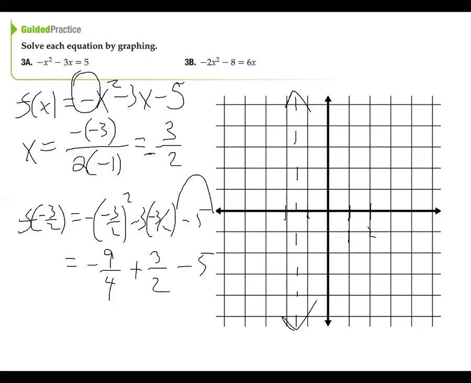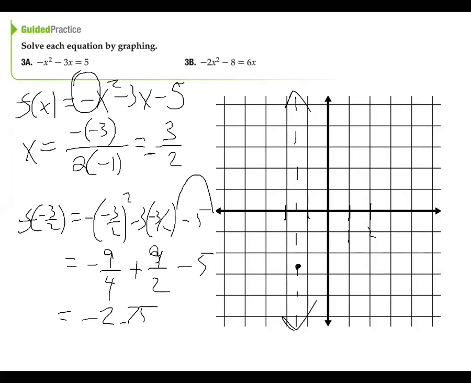So if I figure all of that out, negative 9/4 plus 9 halves minus 5 gives us negative 2.75.